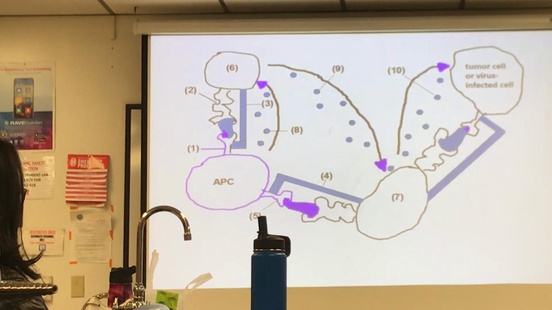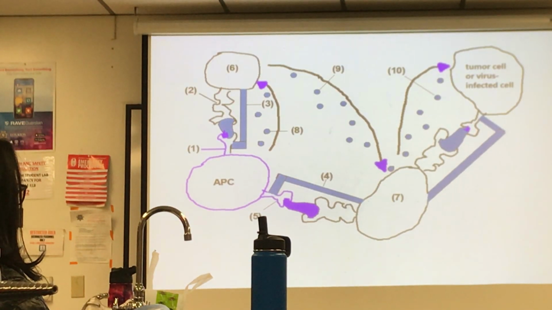All right, so in sequence, here's our antigen presenting cell, and it's activating the T helper, right? So number 6 would be the T helper cell. The T helper cell's TCRs, T cell receptors, are interacting with the antigen presented to it by the APC, and T helper cells interact with MHC1 or MHC2? 2.